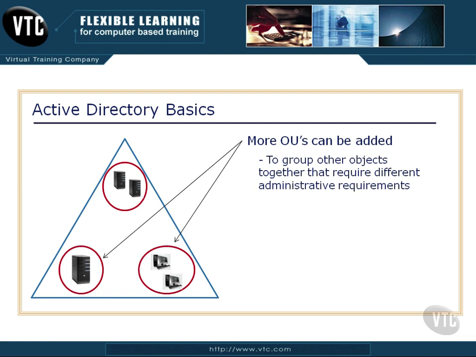So notice we have another server in our domain, but it's in a different OU from the original 2 servers because I have different administrative functionalities on that. Maybe I've got different administrative rights to different people or different groups. Then I have my client machines in their own organizational unit. Now, I don't want to go too far too fast, but I can also apply group policy objects to these OUs, and so the objects inside that OU picks up whatever the settings that group policy is enforcing.